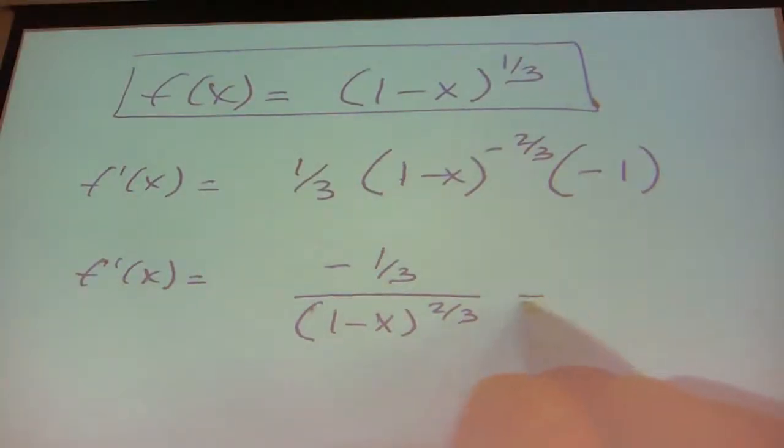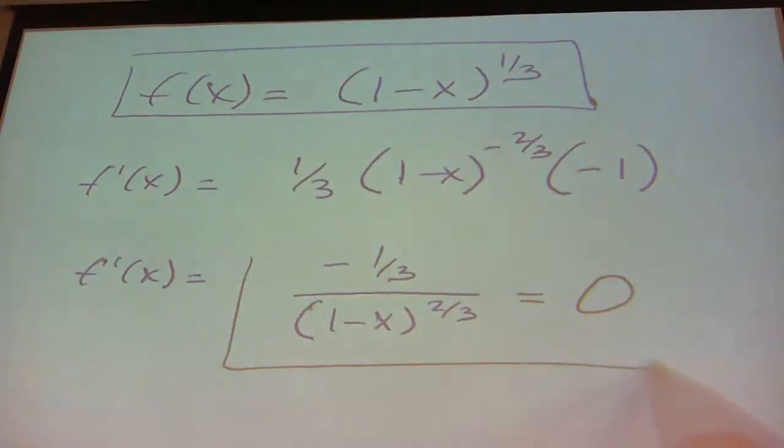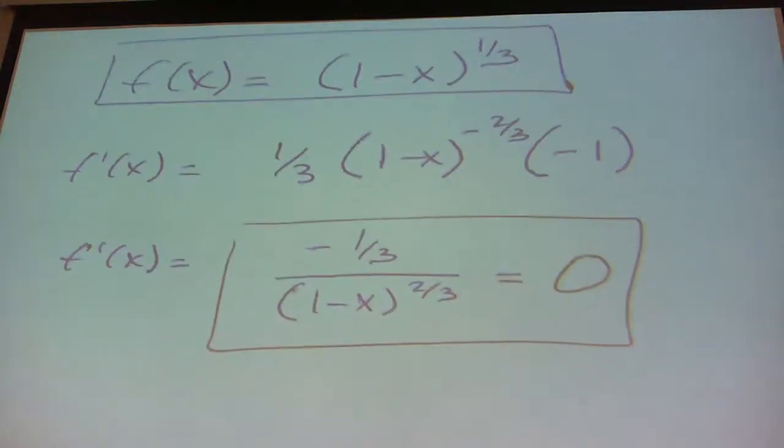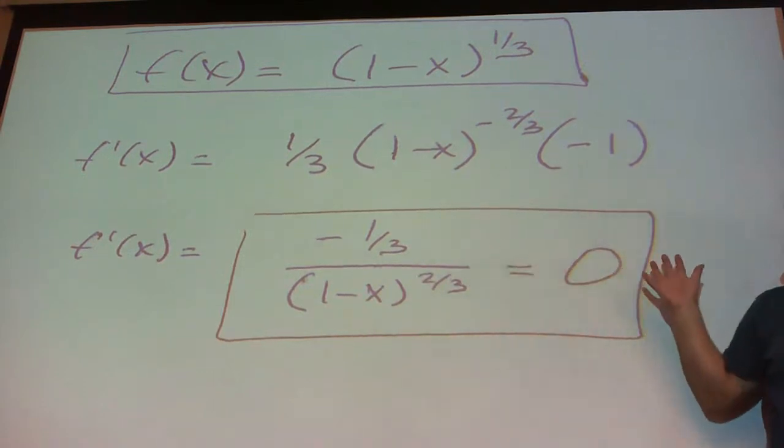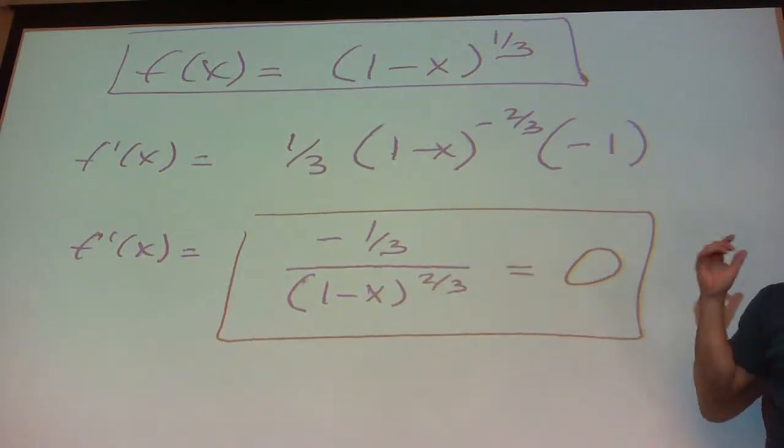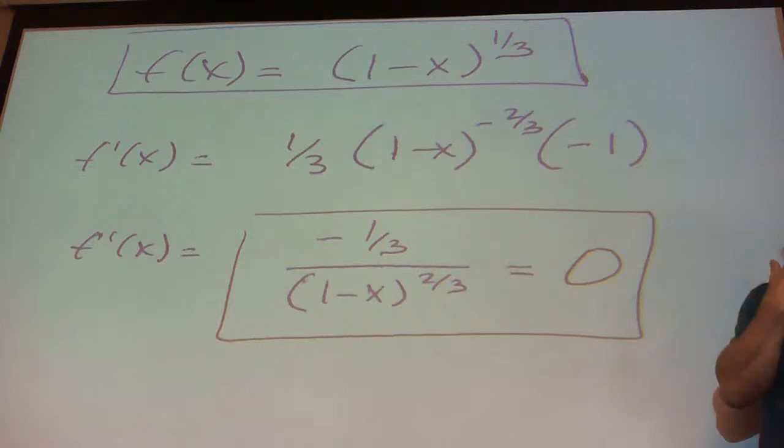I'm going to set it equal to 0 and solve. Now, you're sitting here saying, that looks like a really hard algebra problem. I'm going to make it very simple. All I have to do is figure out what will make this 0. And it seems like we have a problem, right?